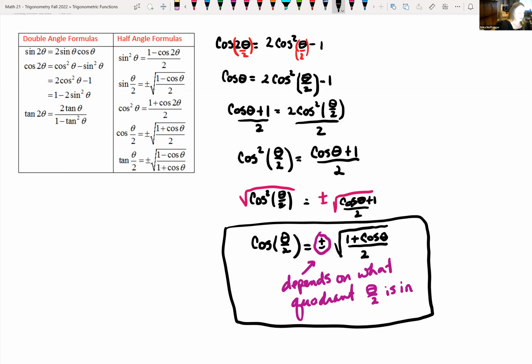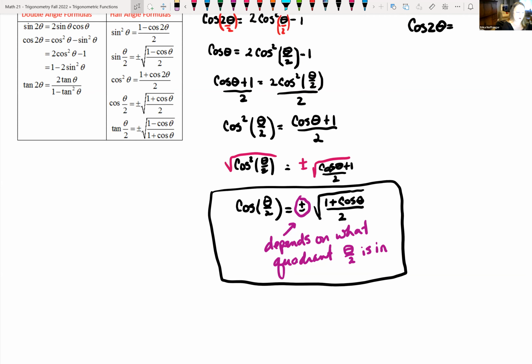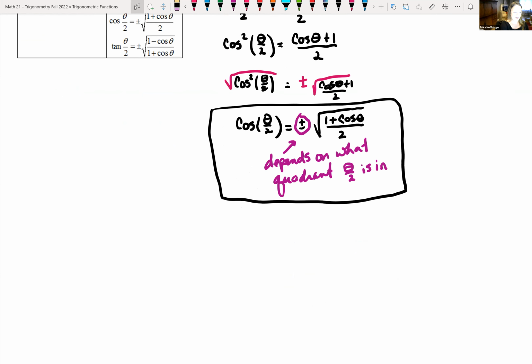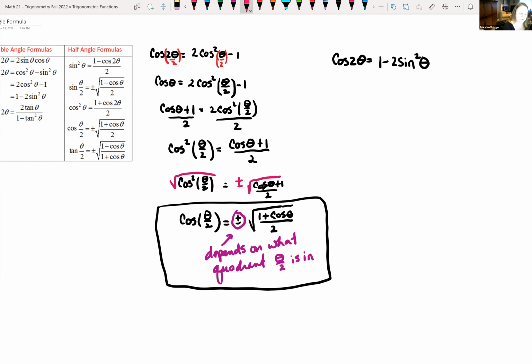We're going to do a similar idea. We're going to rewrite the double angle for cosine, but this time we're going to use the one that has sine squared in it. So cosine 2 theta is equal to 1 minus 2 sine squared theta. Again, we are going to divide our angles by 2.